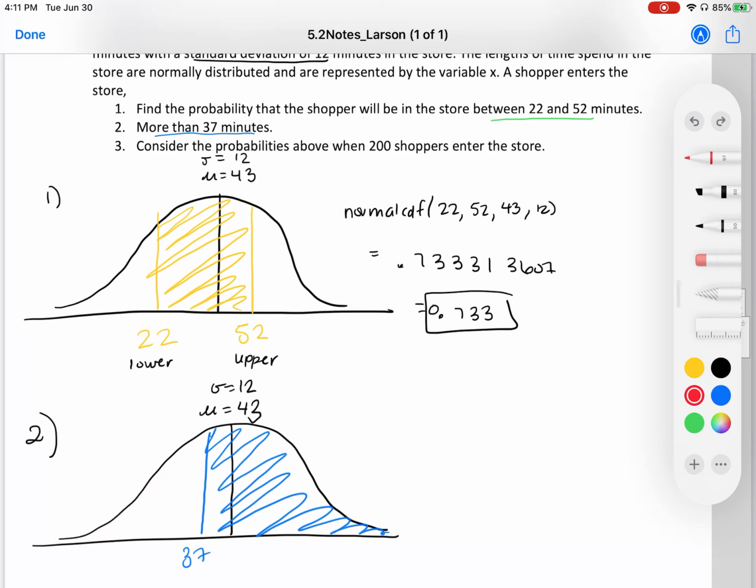So in your calculator or Excel, you will enter it as 1 minus and then your command. So normal CDF, our lower is 37, and our upper is positive infinity. So enter a really big positive number. Our mean is 43, and our standard deviation is 12.